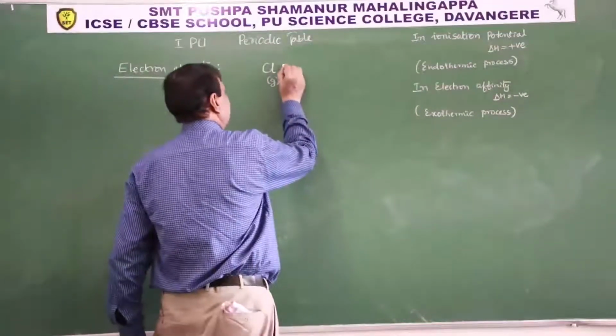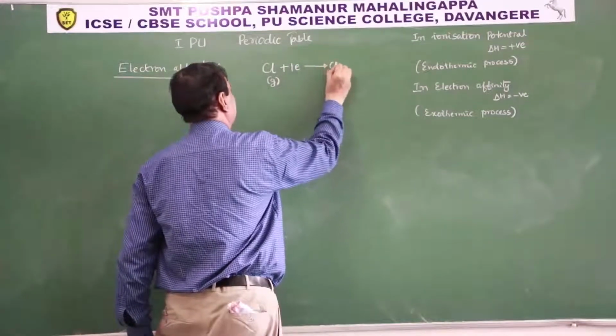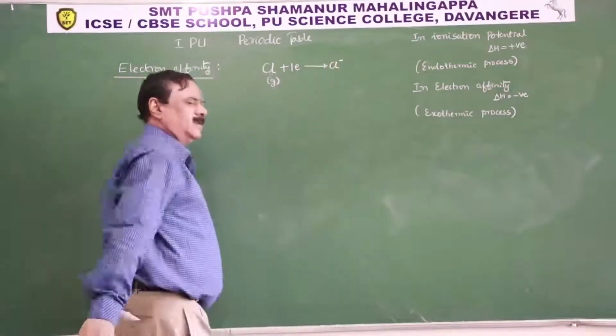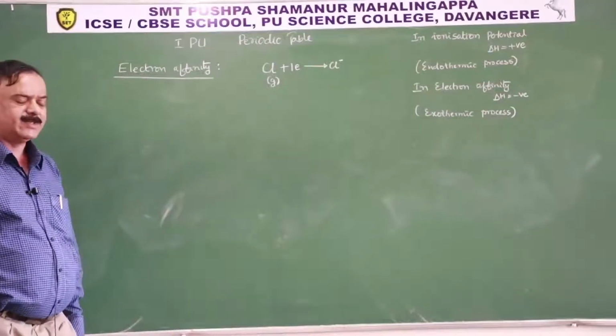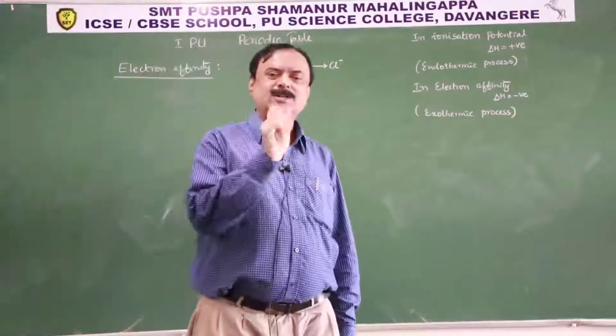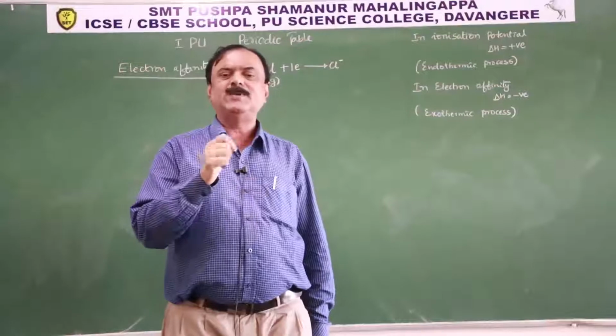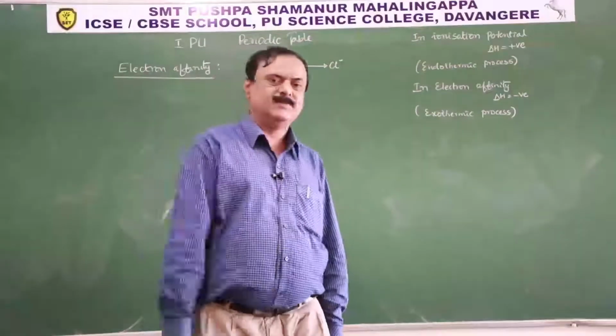Whenever an electron is added to the neutral gaseous isolated state of an atom, it is converted into an anion. In ionization potential, the end product is a cation. In electron affinity, the end product is an anion.